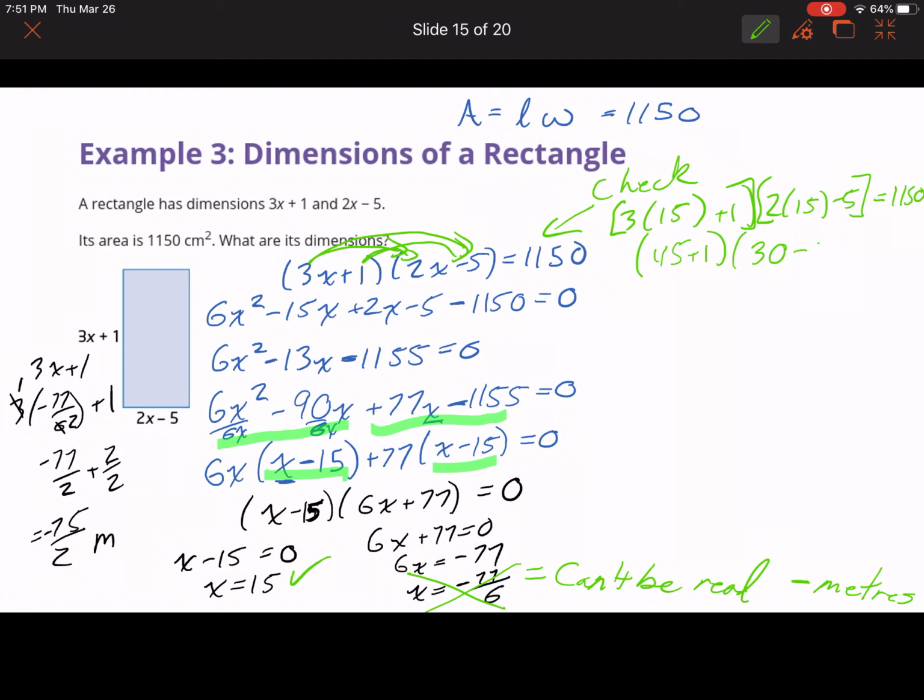And 30 minus 5. So we end up with 46 times 25. And 46 times 25, if you put that in on your calculator, does equal 1150. So we've got our check right. We figured out which one can be wrong.